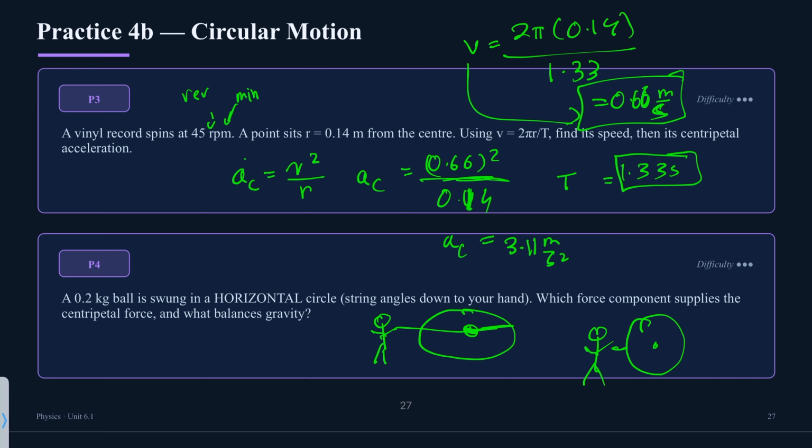So which force component supplies the centripetal force, and what balances gravity? So we know that T horizontal, this tension, is our centripetal force, because this is the rope, right? What's the force of the rope? It's a tension. This force is what's going to be pulling us inward wherever we are. And then what's going to balance gravity?